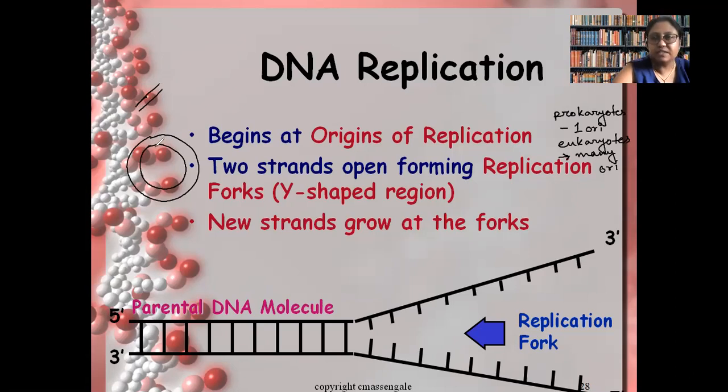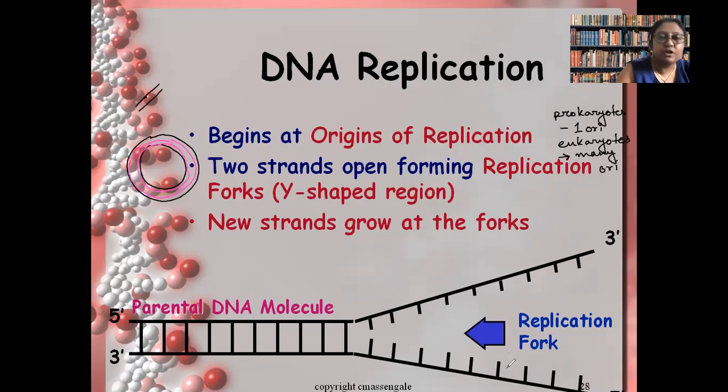If you want to start the process of replication and you want to add newly synthesized DNA like this, consider this pink is the newly synthesized DNA. First thing you need to do is separate the two strands of DNA.